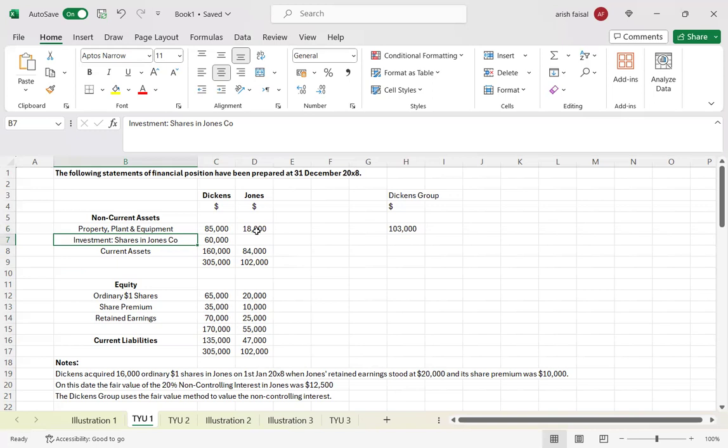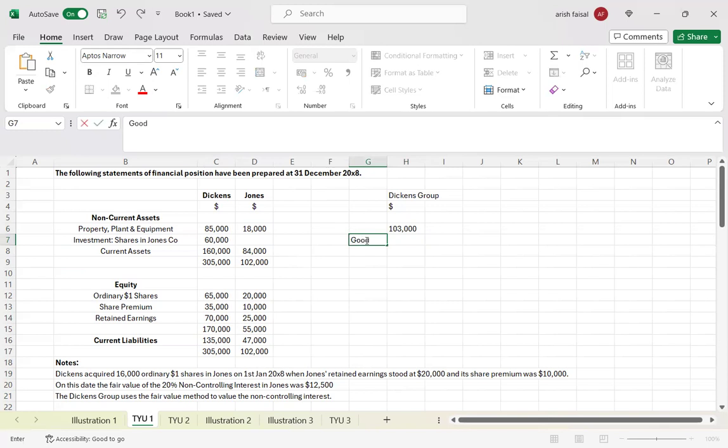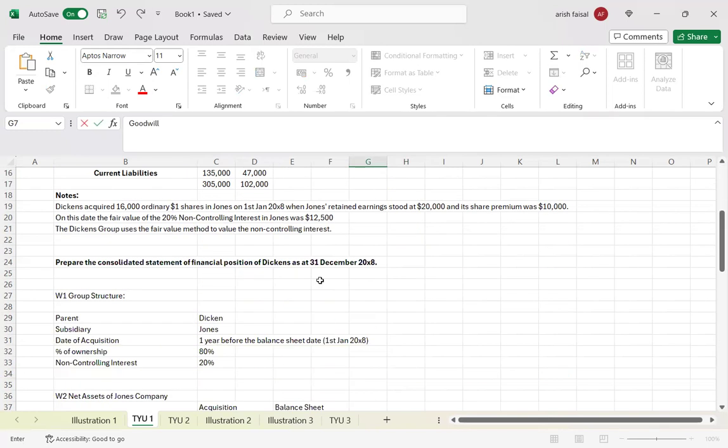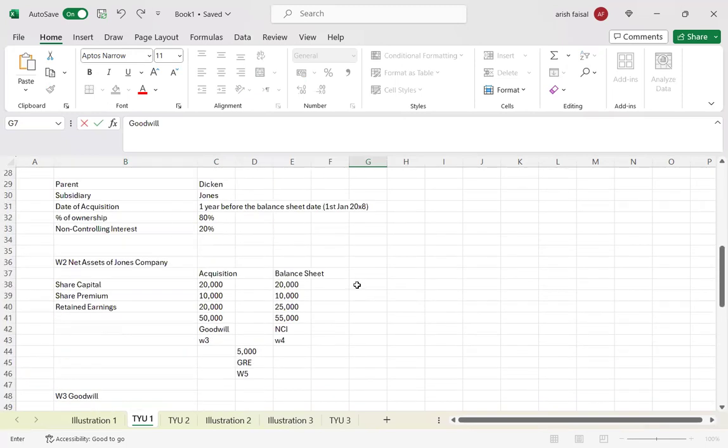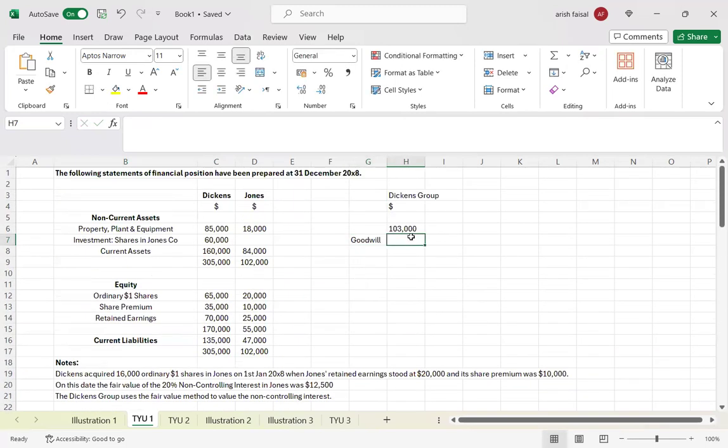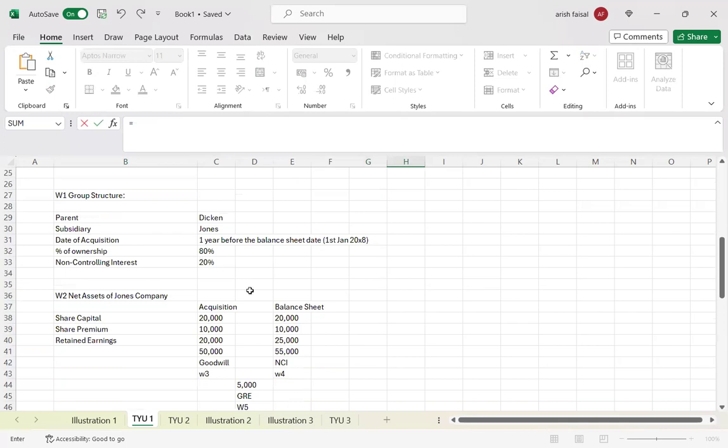So we don't write this investment in shares in Jones company of 60,000, but rather we will replace it with the value of the goodwill, which we calculated. Okay, and the goodwill has a value of 22,500 over here. So we need to take the value of goodwill here.